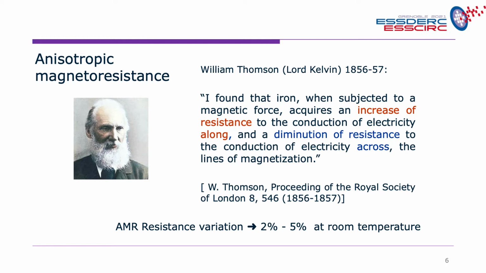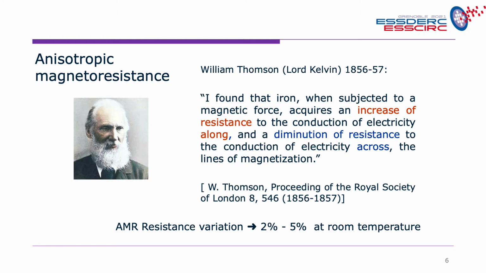William Thomson, or Lord Kelvin, in 1857 discovered that iron, when subjected to a magnetic force, shows an increase of resistance to the conduction of electricity along, and a diminution of the resistance to the conduction of electricity across, the lines of magnetization. This was published in the Proceedings of the Royal Society of London.